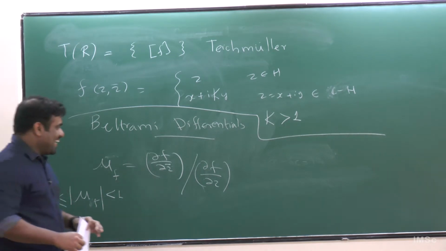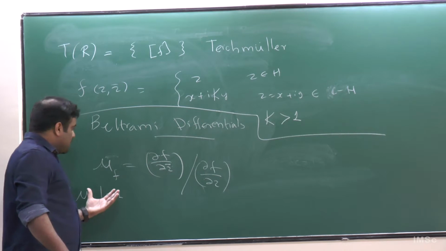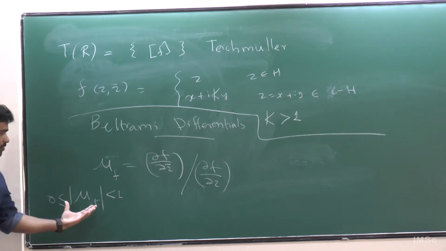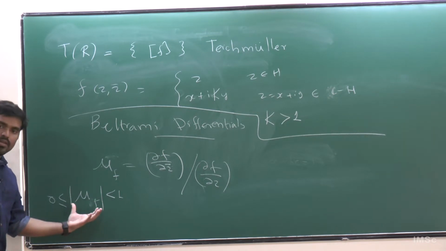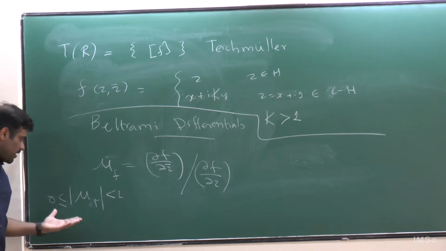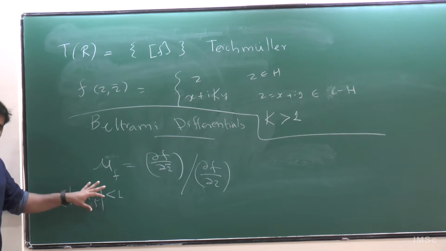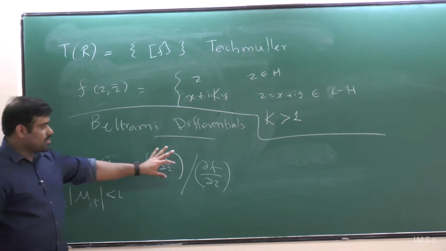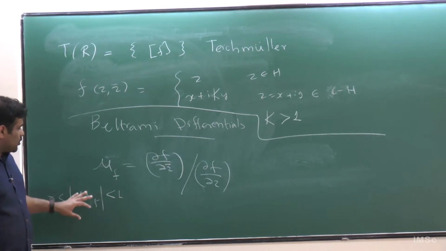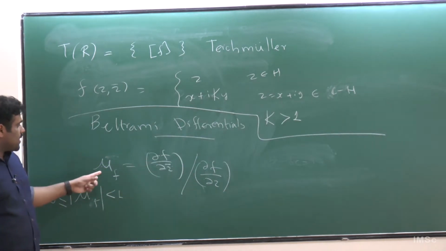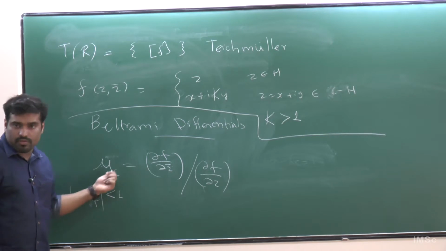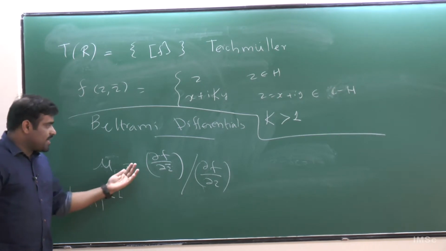So the point is that whenever I have a Beltrami differential whose absolute value is less than 1 and greater than 0 in a region, then it's always possible to find a quasi-conformal transformation associated with that Beltrami differential, such that the quasi-conformal transformation is related to the Beltrami differential this way. And that identification is unique.